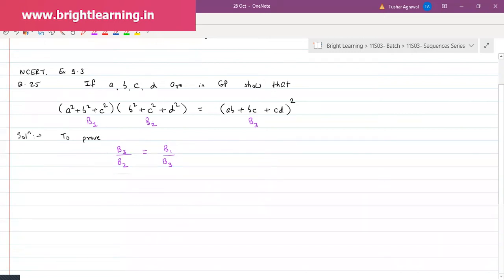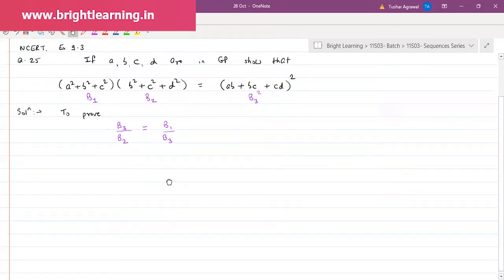The original expression he is trying to prove is bracket 1 into bracket 2 equals bracket 3 square. Bracket 3 square means bracket 3 into bracket 3, two times. This second term I have brought here, and one of the bracket 3 I have brought to the LHS. I'm approaching in reverse order. Is this clear? If I prove this, my proof will be completed.